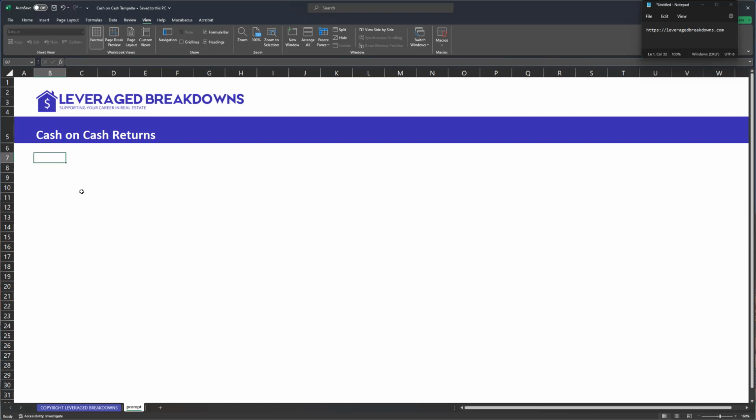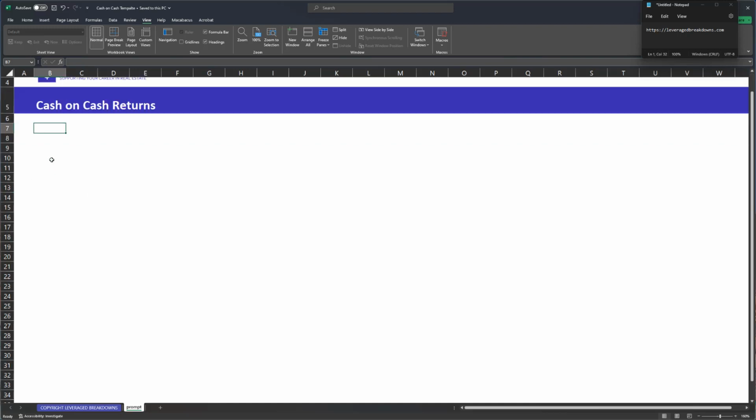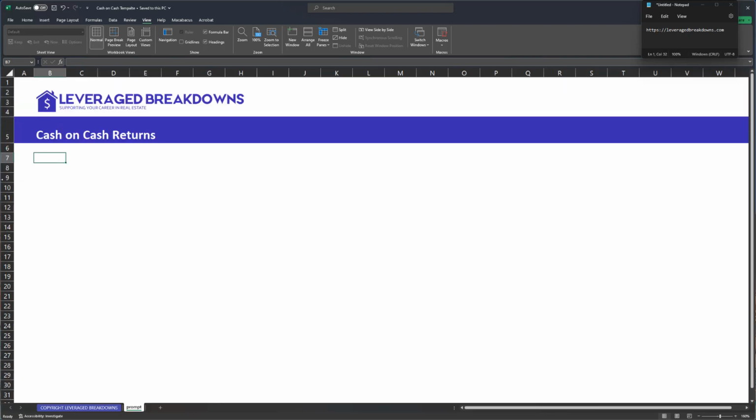This template offers a comprehensive framework for assessing potential investments while taking into account all relevant factors regardless of the asset class. By the end of this video, you will have a deep understanding of cash-on-cash returns in commercial real estate investment and be equipped with a valuable tool to assist you in making informed decisions about potential investments.